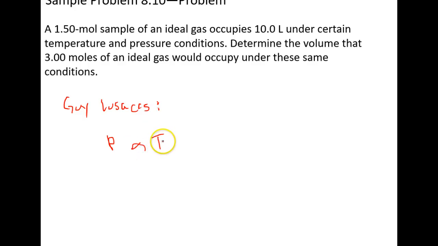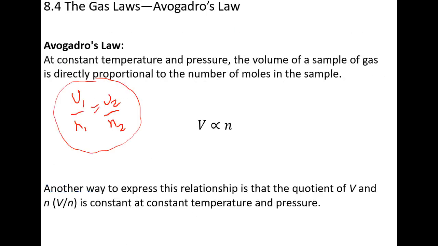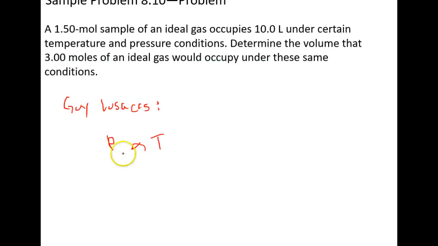I'm sorry, was it pressure? Because we did volume and temperature, correct? Yeah, it's pressure and temperature. As temperature goes up, the pressure goes up. And this is P1 over T1 equals P2 over T2. Pressure and temperature, same thing.